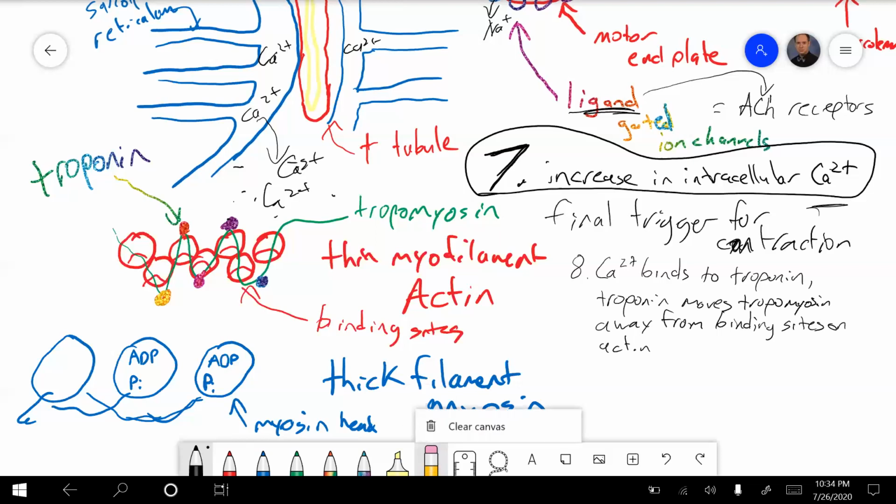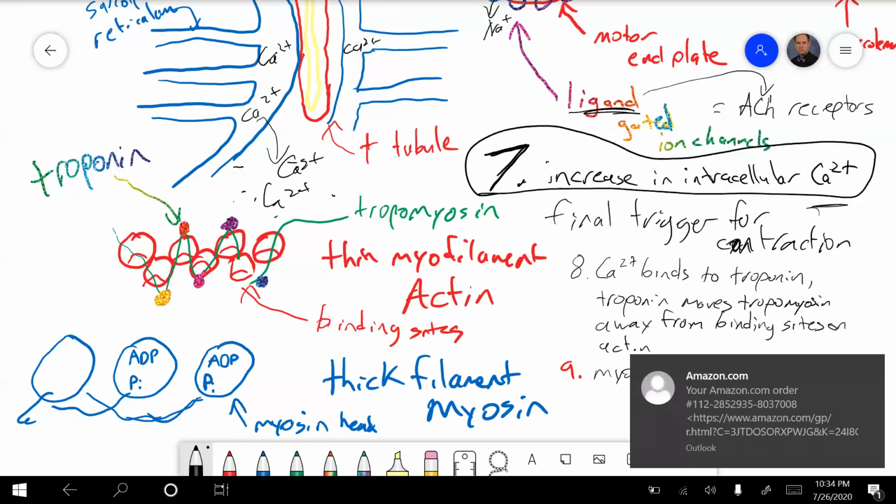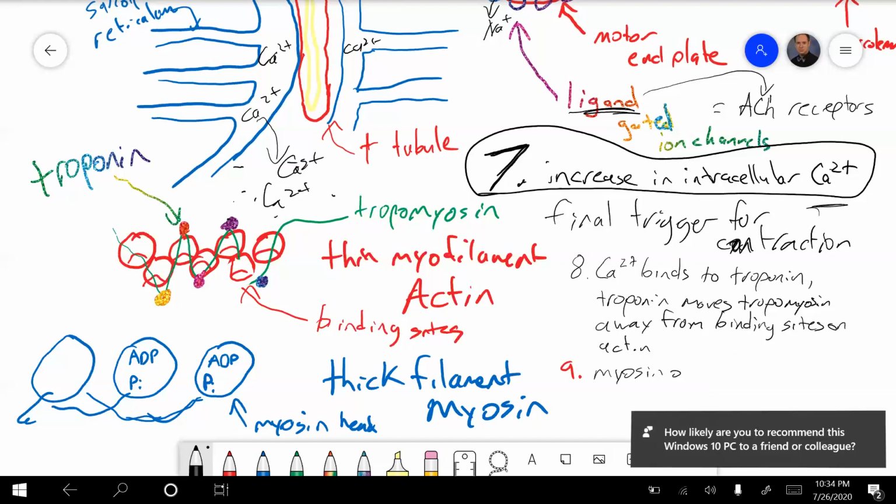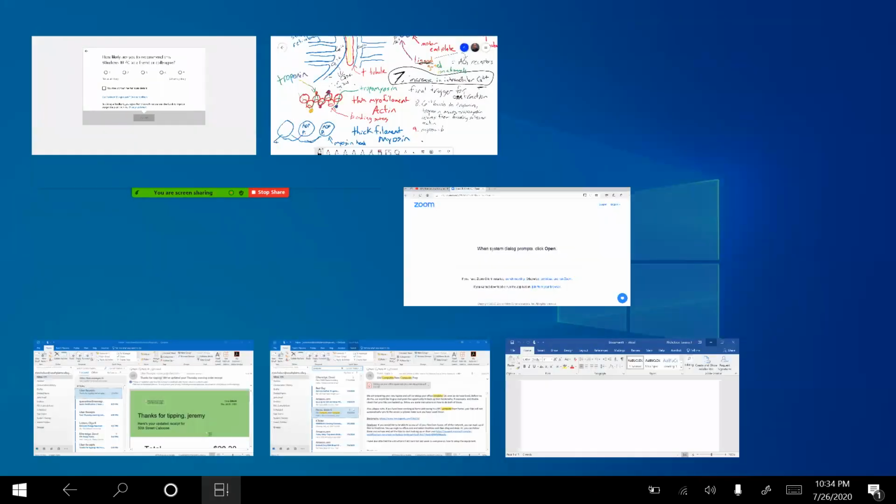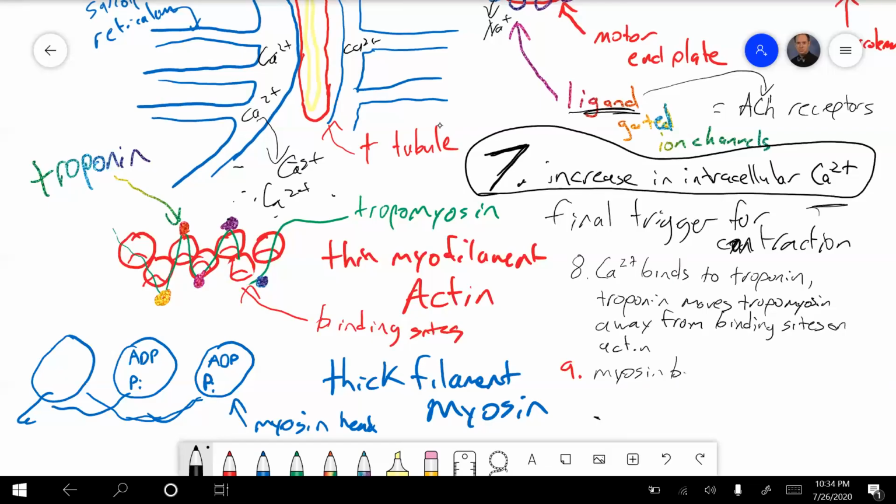Regardless, the binding sites are exposed. You get the idea. When those binding sites are exposed, myosin binds to actin.